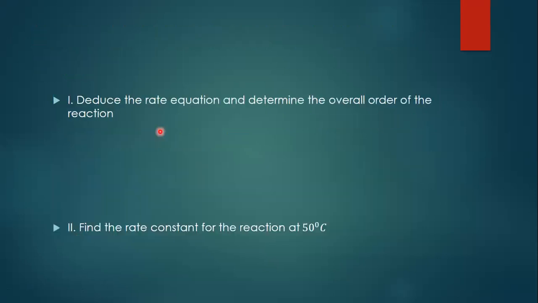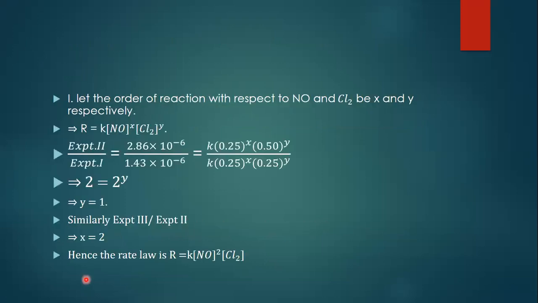We have to deduce the rate equation, and determine the overall order of the reaction. Then we have to find the rate constant for the reaction at 50 degrees Celsius. So we have two methods of doing this. The first method, which we are looking at on your screen now, is to use the analytical approach, that is calculating to deduce the rate equation.